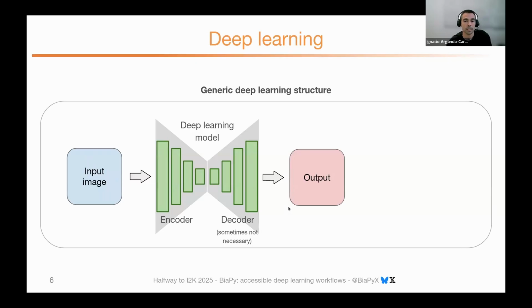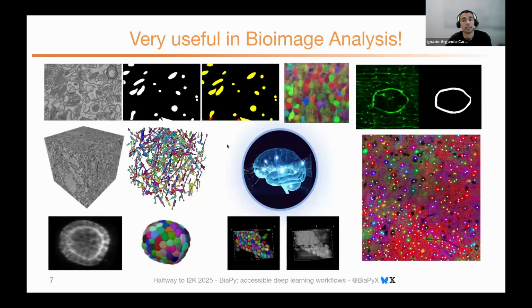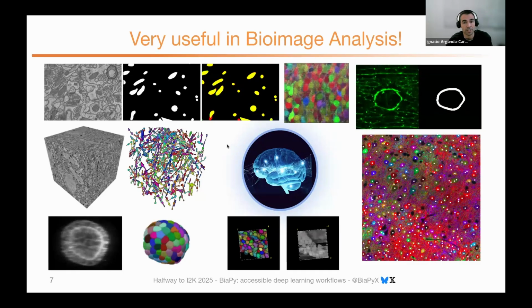Whichever the task we do, at the end of the day, we have to do the same thing as I explained before. We have to check if the prediction, either by pixel or by full image, was correct or not. Then, based on this comparison, we correct the parameters of the model. And this is something very useful in bioimage analysis.